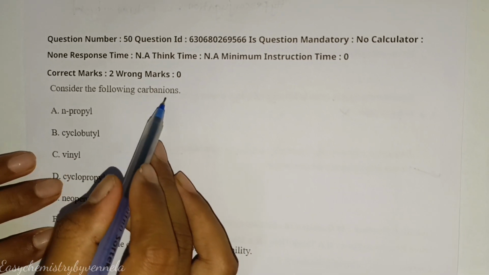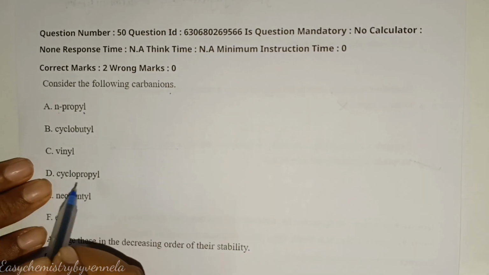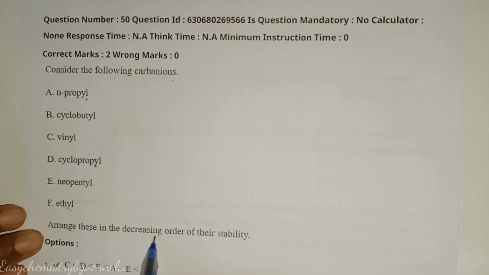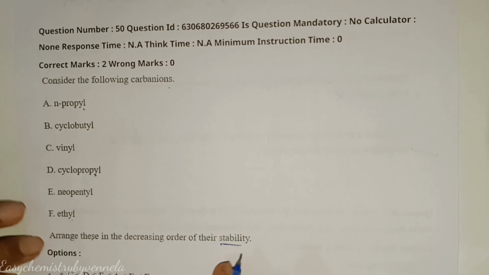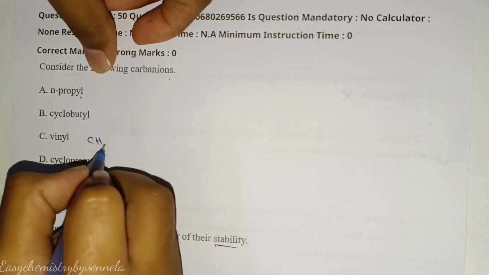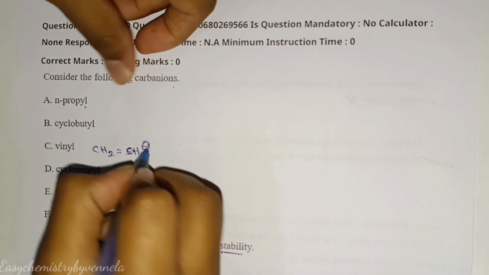Next question. Consider the following carbanions: n-propyl, cyclobutyl, vinyl, cyclopropyl, neopentyl, ethyl. Arrange these in the decreasing order of their stability. So first one, that is vinyl because of sp2 hybridization.